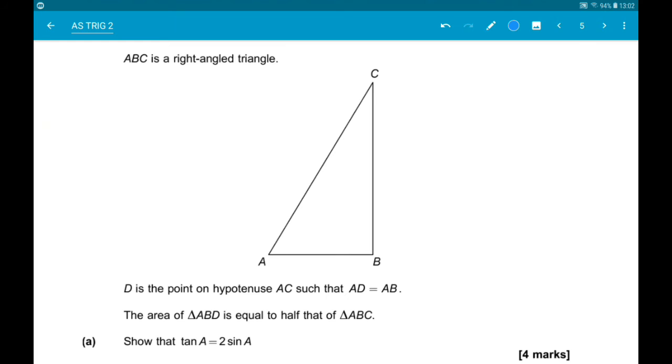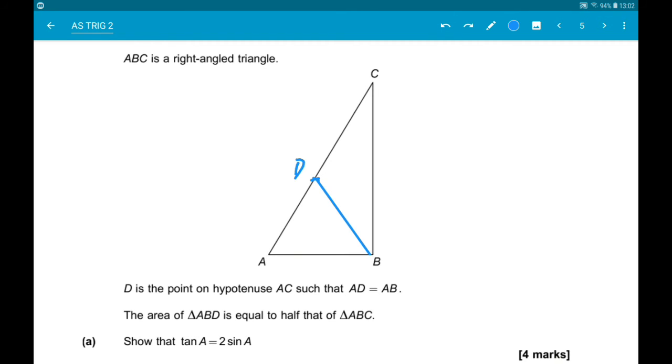Okay then, final question for this set, and it's a tricky one. So ABC is a right-angled triangle. The point D is on hypotenuse AC such that AD is equal to AB. So, first thing I would do is put that onto the diagram.